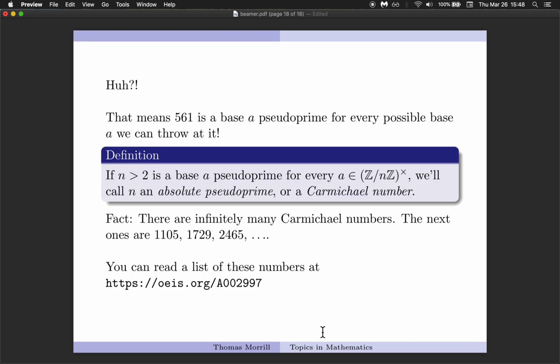Otherwise, we'll have no way of detecting it, at least using Fermat's little theorem, using this a to the power p take 1 equation. So, next lecture, we're going to look at another test for prime numbers, one that does not have pseudoprimes.